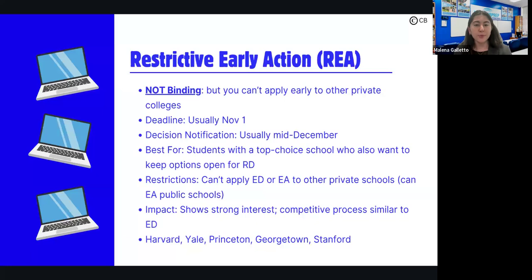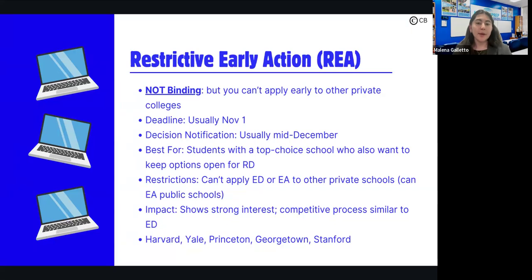There are some restrictions. You can't apply to a school ED or EA to other private schools. But if you are doing REA, you can apply EA to public universities or colleges. And I know it can sound a little confusing, which is why we're going in depth through all of these.